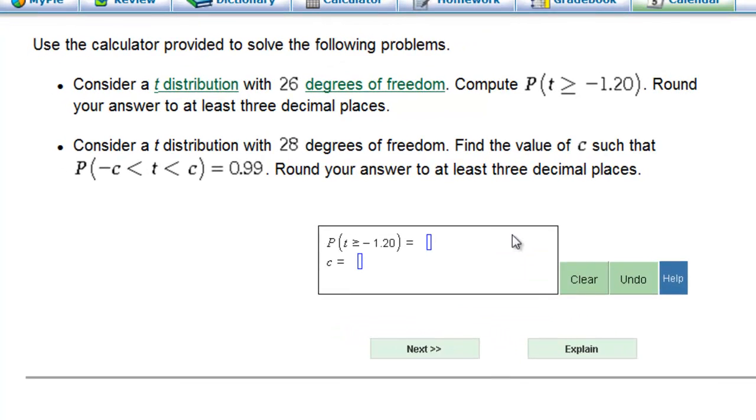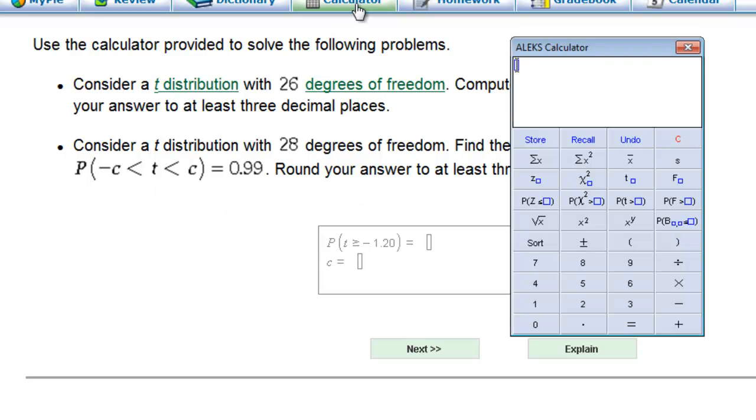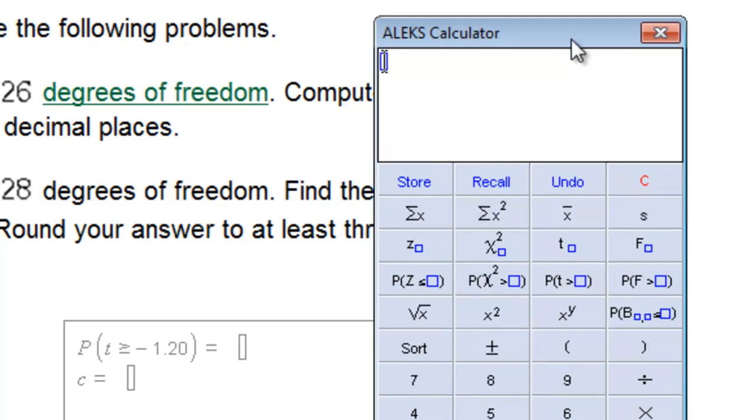All right. So last one here. Consider a t-distribution, 26 degrees of freedom. Compute the greater than one. That one's not hard. And this one we'll do in a second. So the greater than one, there's a button for that. We just put in P of t greater.